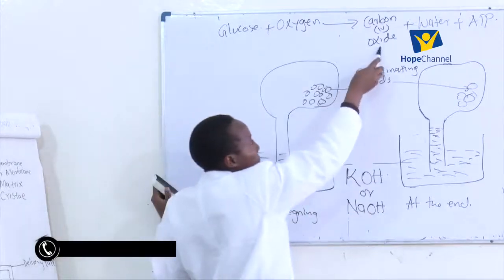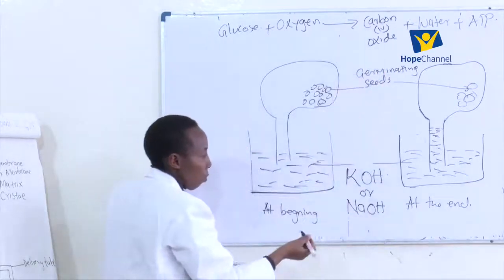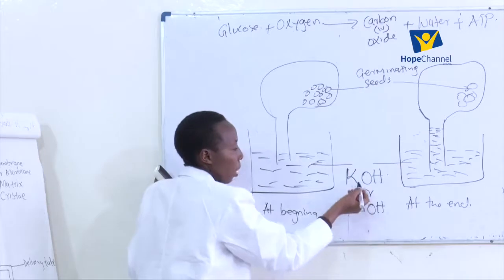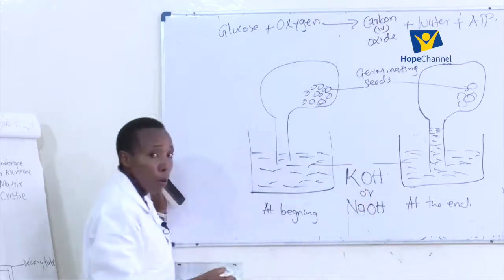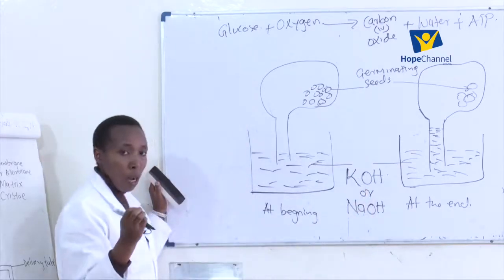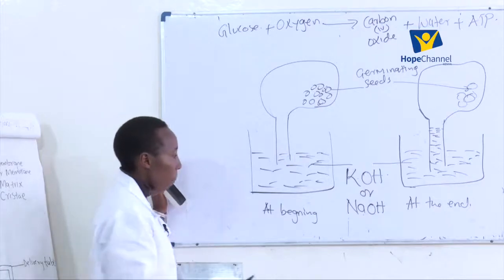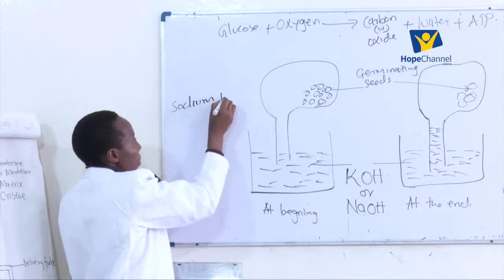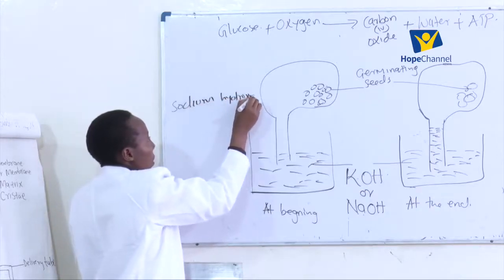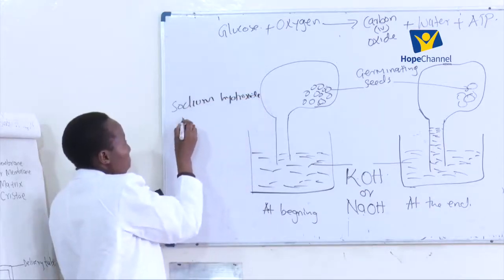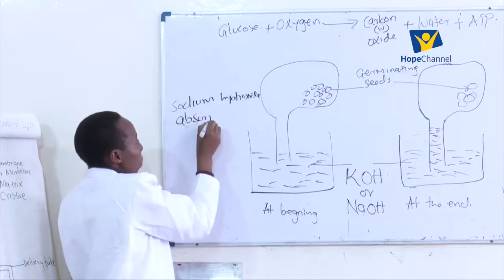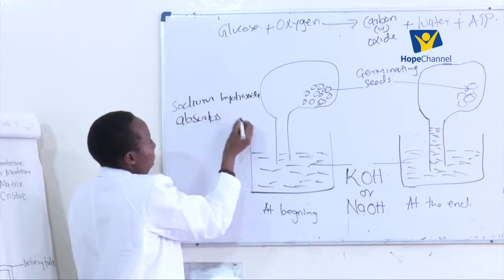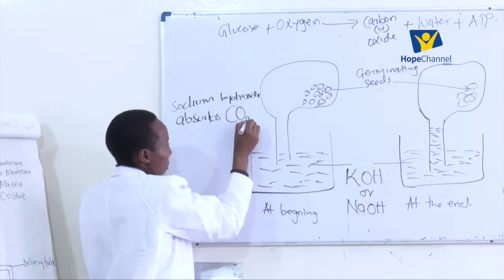But you see the carbon dioxide, if anytime you talk about sodium hydroxide or potassium hydroxide, what do they do? They absorb carbon dioxide. So the sodium hydroxide will absorb the carbon dioxide.